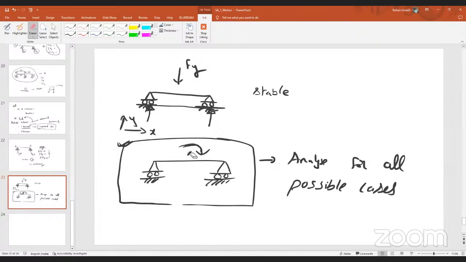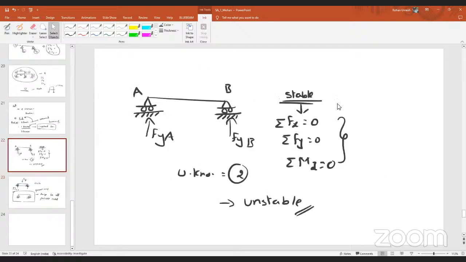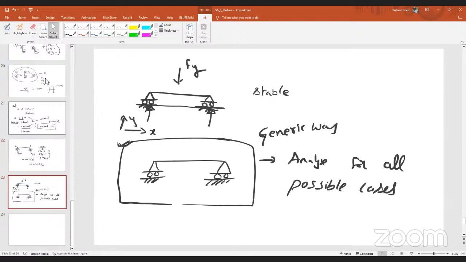So, if loading is not mentioned in the given problem, then we have to think in a generic way, just like the way we have discussed here. But instead, if the load is given like this, then you should not think about the generic way. You should stick to the direction of the loading.